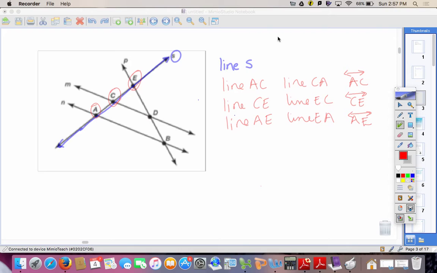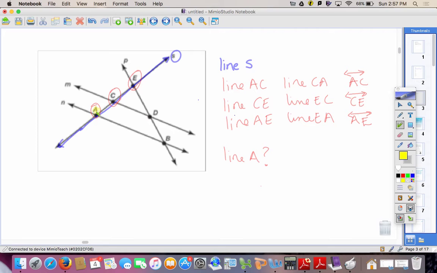Okay, but could I say that this is just line A? Okay, so line A means I have, we're going to go yellow, and we're going to look at this. This is my A, right?